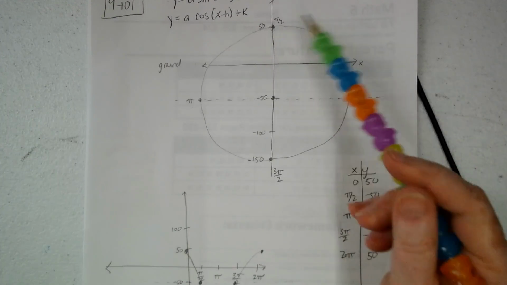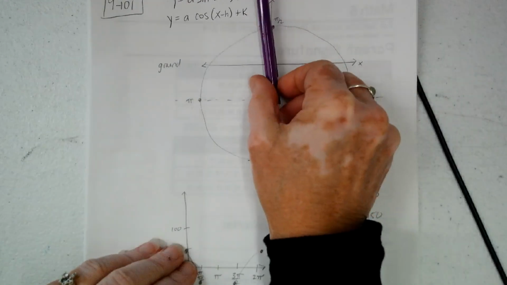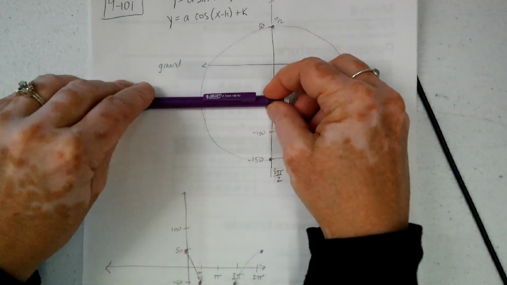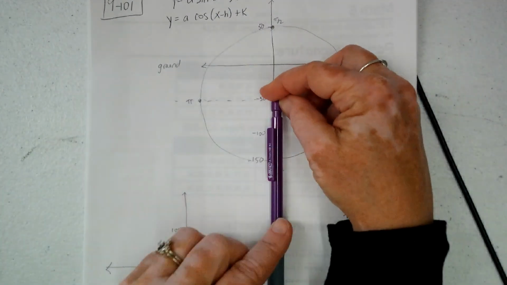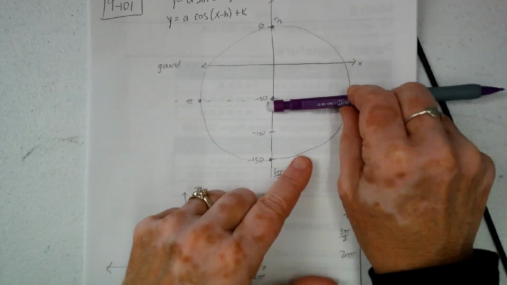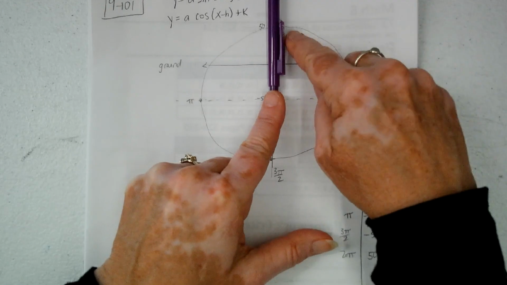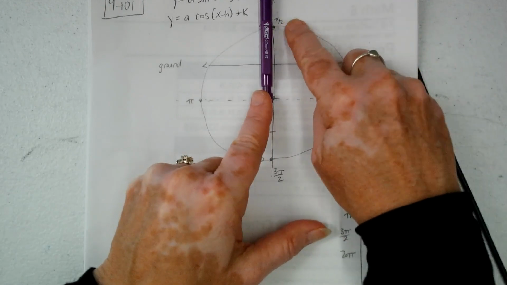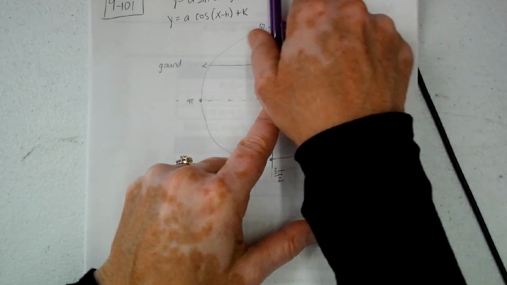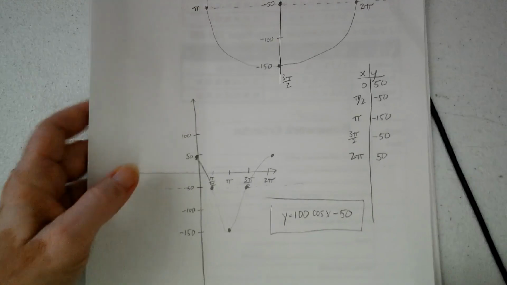So the way I'm counting my angle is, if I start here, I'm going 1 pi over 2, 2 pi over 2, which is pi. This one becomes 3 pi over 2, and then that's 4 pi over 2, which is the same as 2 pi. Like fraction math, 4 pi over 2 is 2 pi. So that's what they want in the table, and then I just drew a graph.